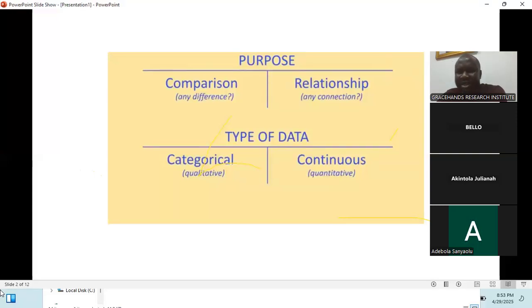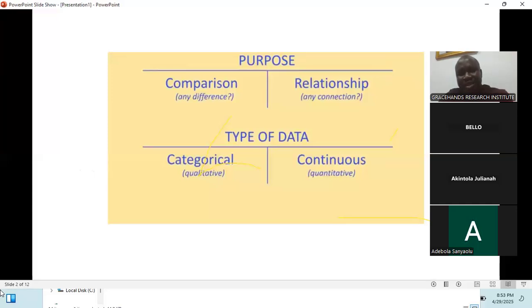I think in the first class, I talked to us about quantitative and qualitative research, and then quantitative and qualitative analysis. Now, type of data: categorical data, continuous data.